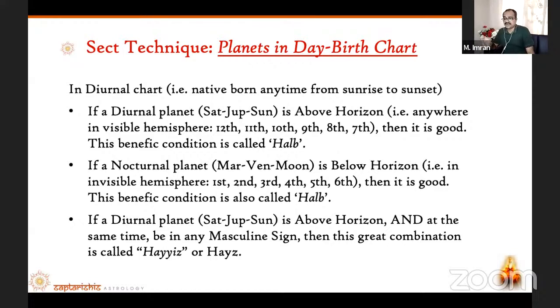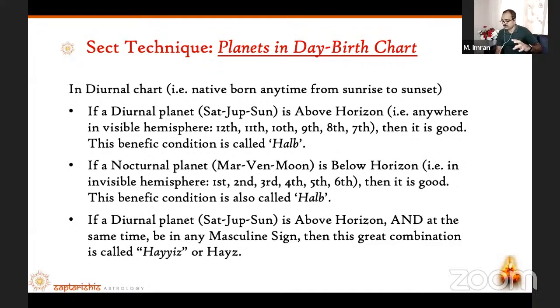This is important because the planet is diurnal, you are born in a diurnal time, the daytime planet is also in the day part of the chart, and also in a masculine sign. It will act like a king. It is technically called hayyiz or haze.